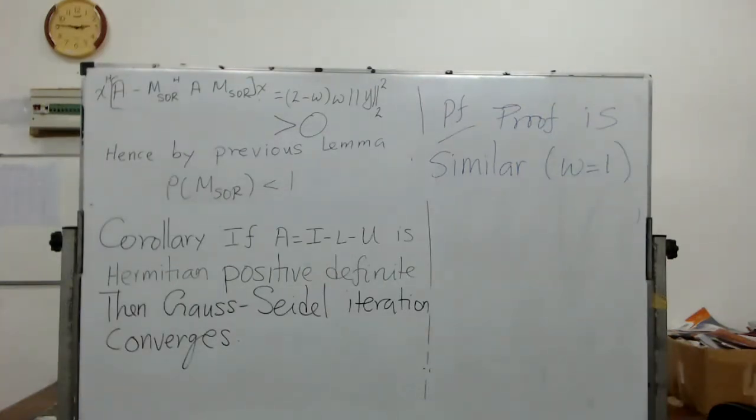So that is the first criterion we see for the convergence of Gauss-Seidel as well as SOR, and we see the same thing for Jacobi as well.